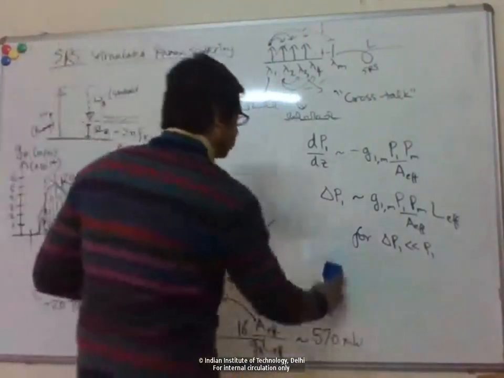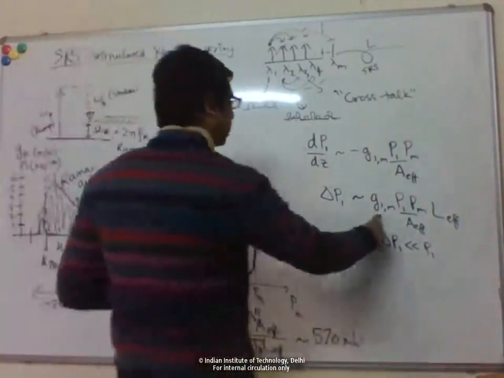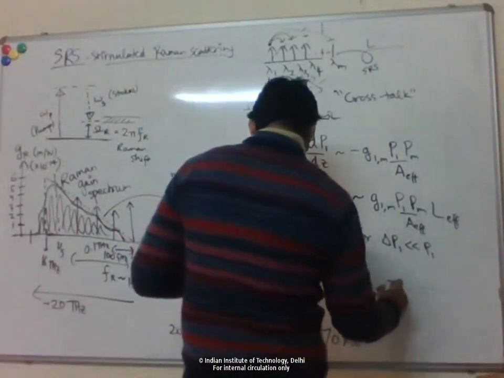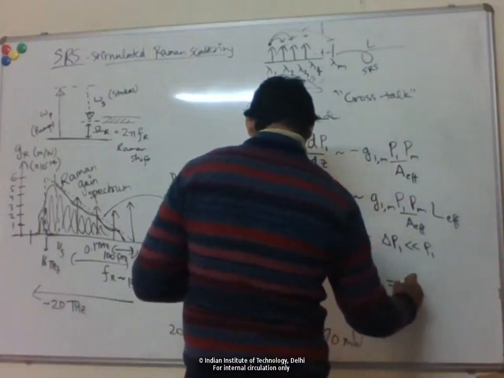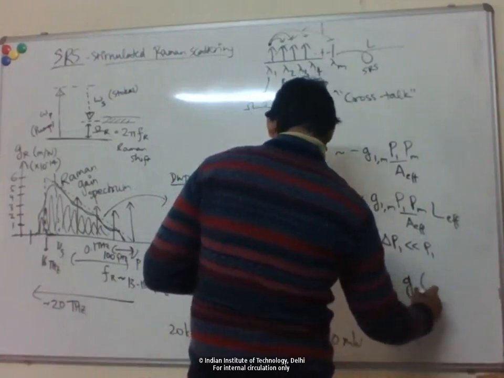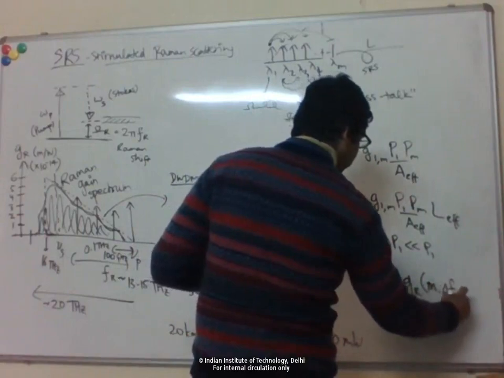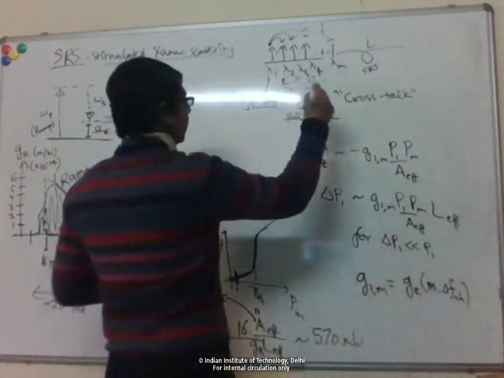One more thing: the gain factor G coupling the first channel to the mth channel will be the Raman gain function at the frequency which is m times the channel spacing, delta F channel.